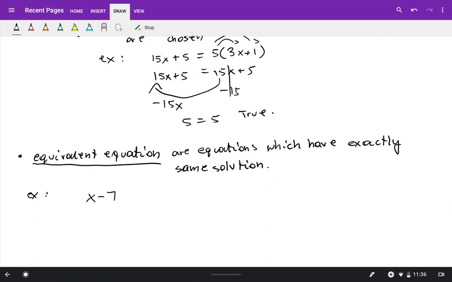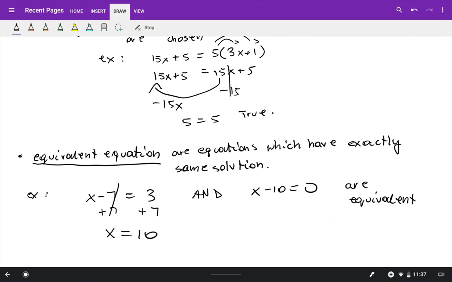x minus 7 equals 3 and x minus 10 equals 0. So we have two equations. Those two equations are equivalent because they both have the same solution, which is 10. If you want to solve the first equation, you would just add 7 to both sides, and we end up with x equals 10.